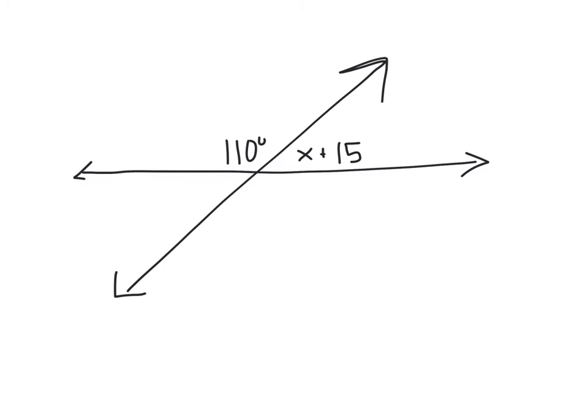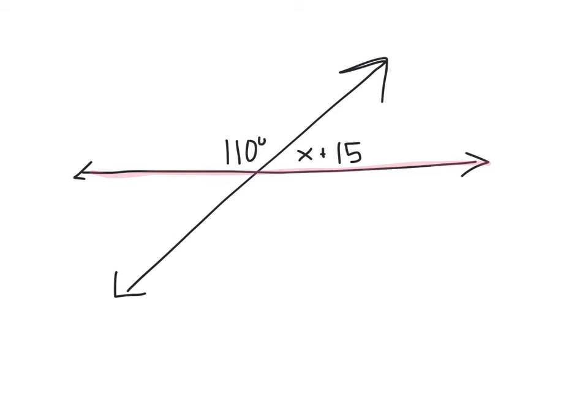For example 2, we are dealing with supplementary angles. We have 110 degrees, and we know that because of this line right here, these two angles create a straight angle, which adds up to 180. So they're supplementary.